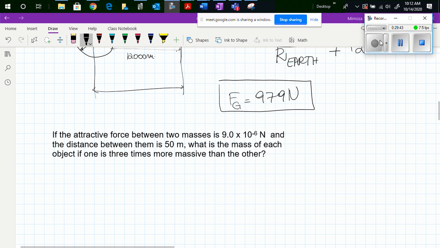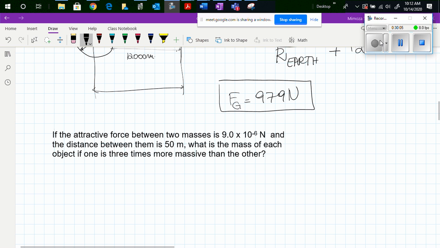It doesn't matter where you are, at the surface of the Earth, at the surface of the moon, or at a distance away from the surface of the Earth, the mass is still 100 kilograms, but the weight changes depending on where you are.